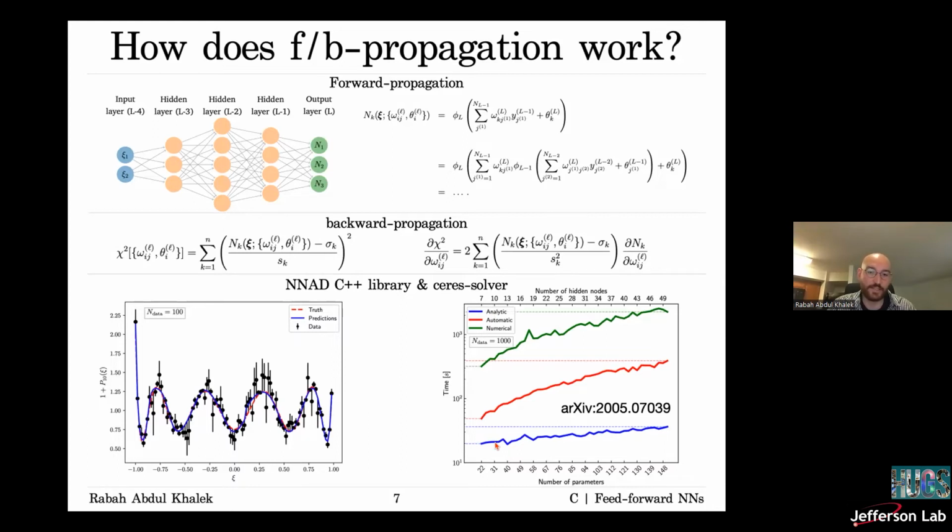It's less time you would need to perform your minimization. So this is analytic in blue versus automatic in red, and numerical in green, and this is time here. And this is where we increase the architecture of the neural network. So analytic always wins. And this is basically, yeah, go ahead, Mathieu.